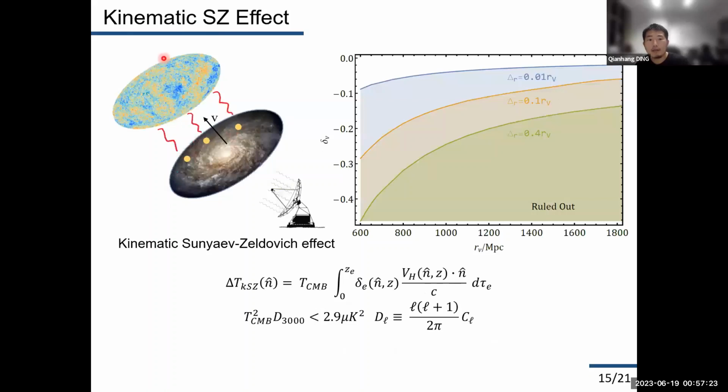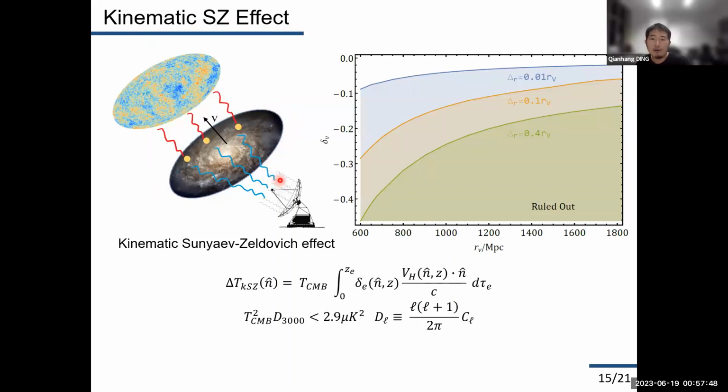We can find that if the void is deeper, it is strongly constrained by BAO. Another one is the kinematic Sunyaev-Zeldovich effect in the CMB, which will constrain the void profile, because the electrons inside the void have a peculiar velocity towards the outside of the void, and this peculiar velocity interacting with CMB photons will cause a temperature distortion.